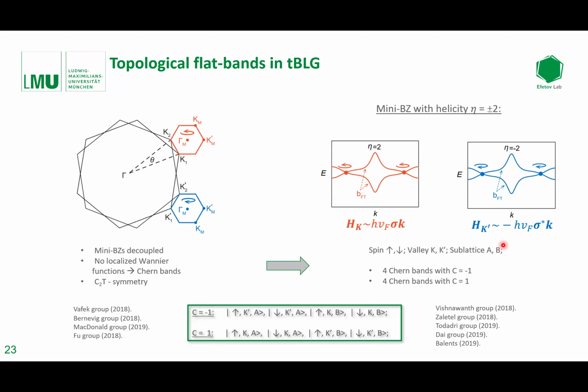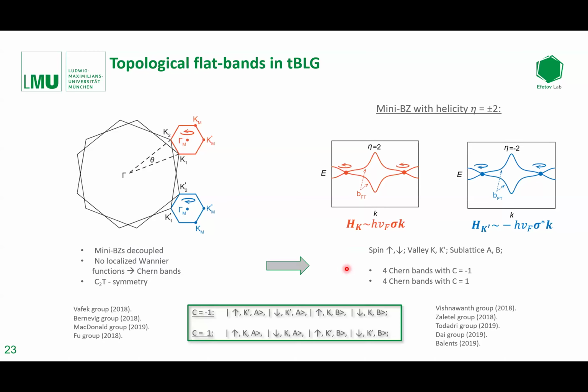Because, as I mentioned before, we have these mini Brillouin zones with particular Chern numbers, one can construct the different orbitals from these sets of wave functions that we have here.